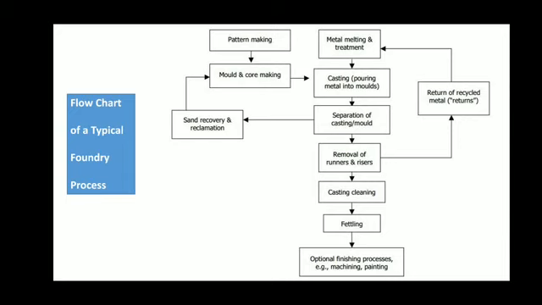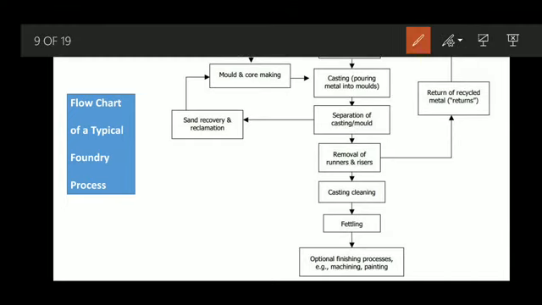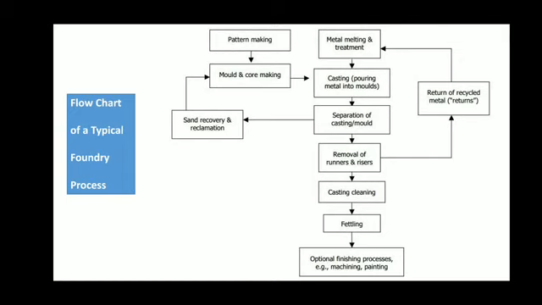Next, we are going to do metal melting and treatment. Definitely, if we have to work with the metal, we have to initially melt the metal. Then it will be our main casting process, that is pouring the metal into the molds, that will start.